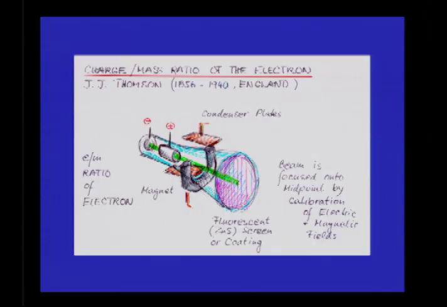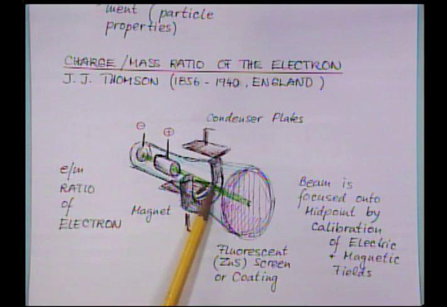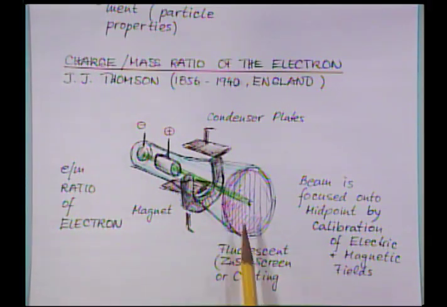Now let's look at this tube. This is a modified cathode ray tube. We have here our cathode at the end and our tubular anode, and we produce a nice thin beam of cathode rays. And now we use two fields. We use an electrical field and a magnetic field, which are perpendicular. And then what Thomson did, he focused the beam to the middle.